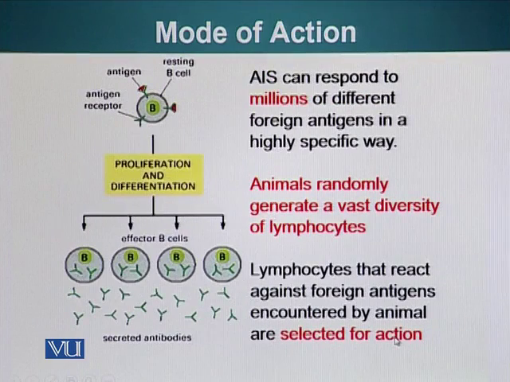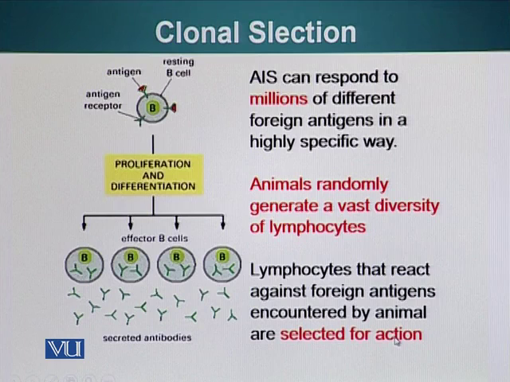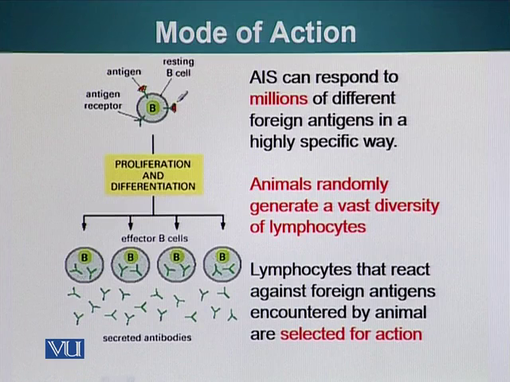When a B cell binds antigen with the antibody on its surface, this antigen basically serves as a ligand. This ligand, when it binds this antibody, signals the B cell to proliferate, make many copies of itself, and also mature.